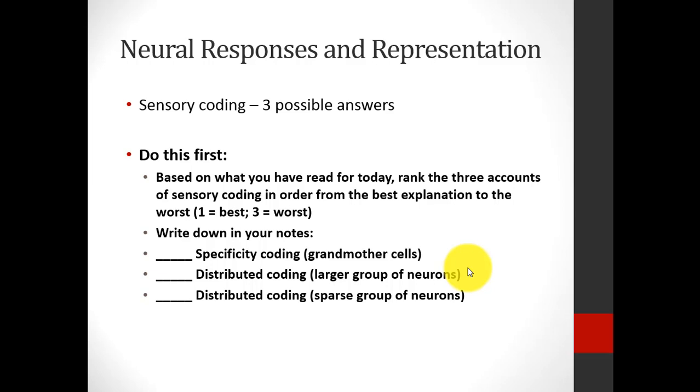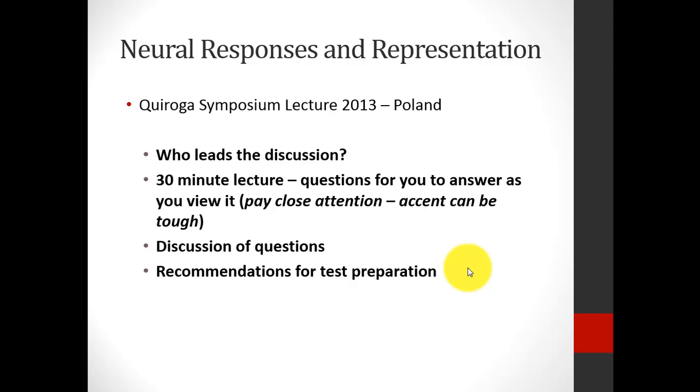And then there's another form of what would be called distributed coding, but it doesn't involve such a large group of neurons. It's a sparse group of neurons. So hopefully I'm catching you before. If not, we're going to discuss this on Wednesday, your rankings of which one you like the best based on the evidence that you've read about in the book and that you've heard from Quiroga.